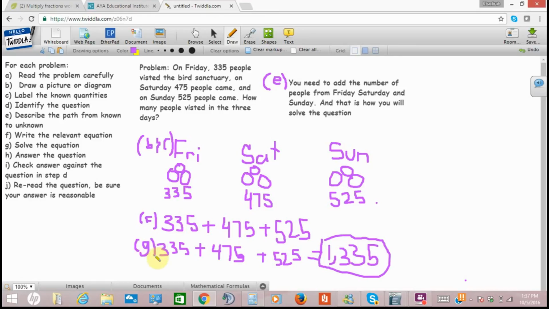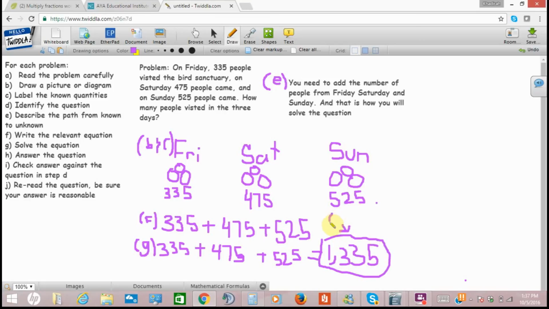Now let's move on to step H, which is answer the question. So if you recall, the question is how many people visited in the 3 days? So to answer that, your answer would be this. It will be this because that's the answer to how many people came on each day, which was on Friday, Saturday, and Sunday.